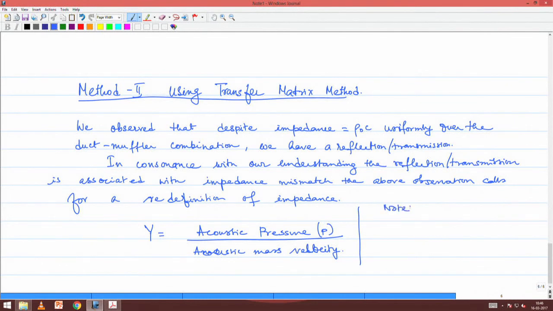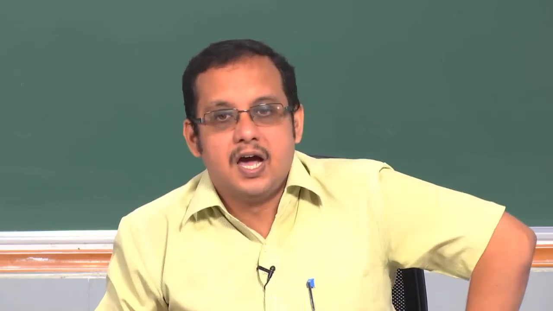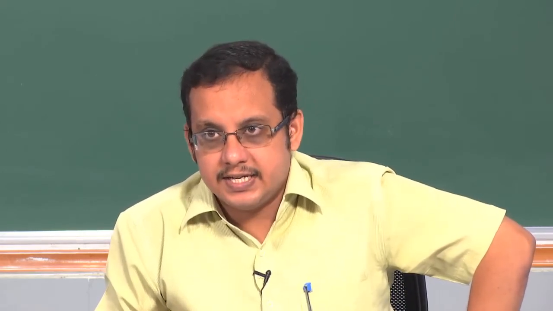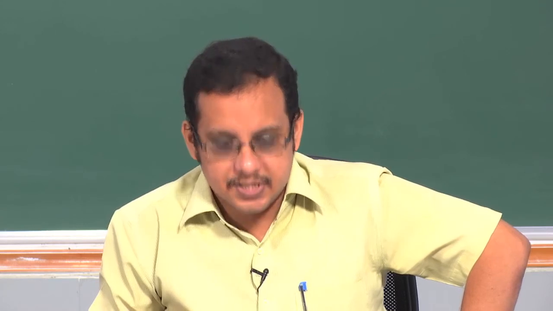Note, usual impedance is defined as acoustic pressure divided by acoustic particle velocity. But now we see that with this definition we are getting a sort of unsettling observation that impedance mismatch is not there, yet reflection is happening. So, therefore, we are reinventing a new sort of impedance, because we realize that here it is not the velocity which is supposed to be continuous across the segments, but it is the mass velocity which is supposed to be continuous.